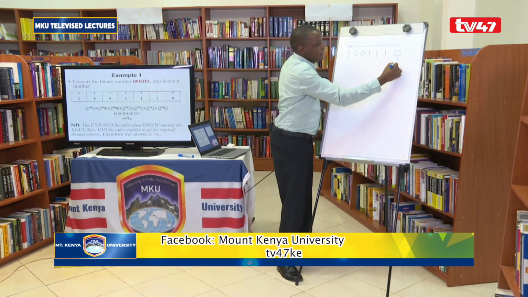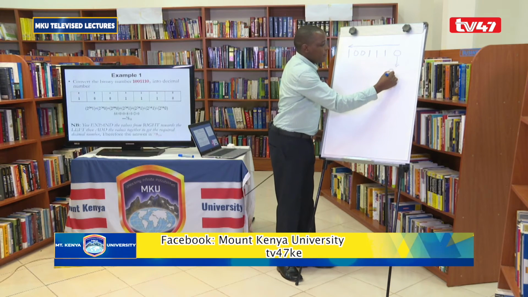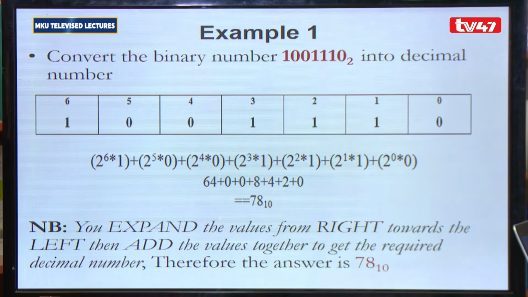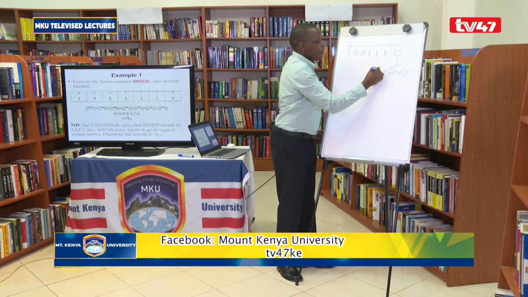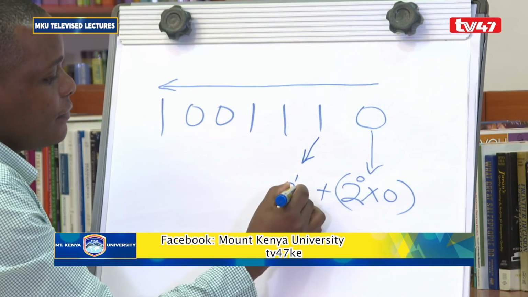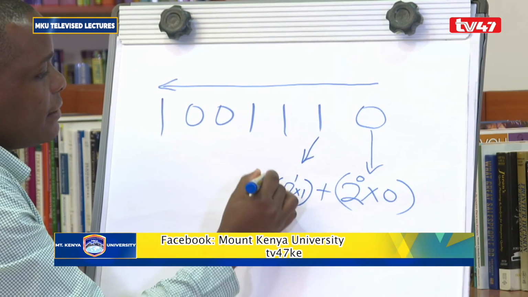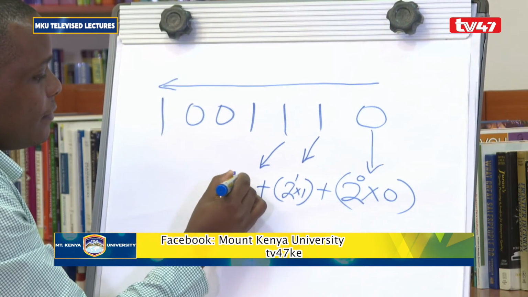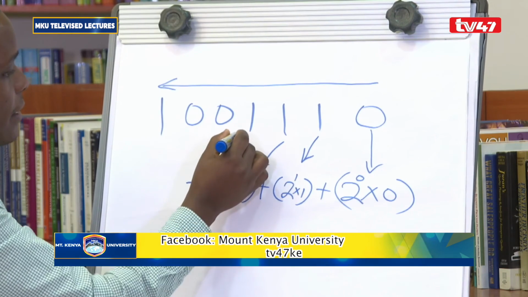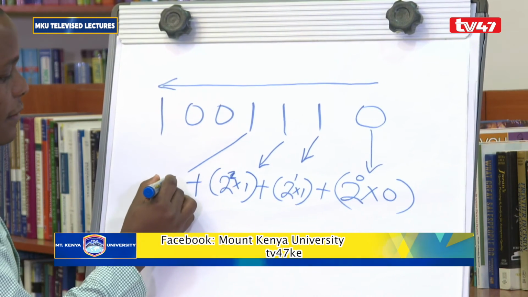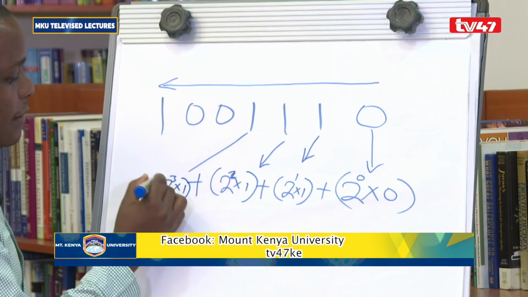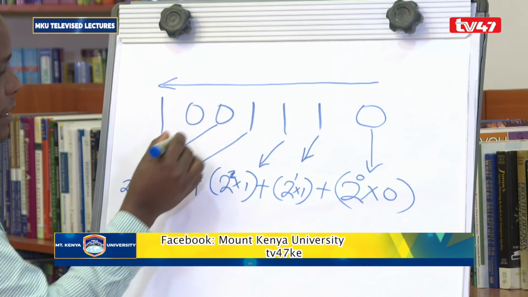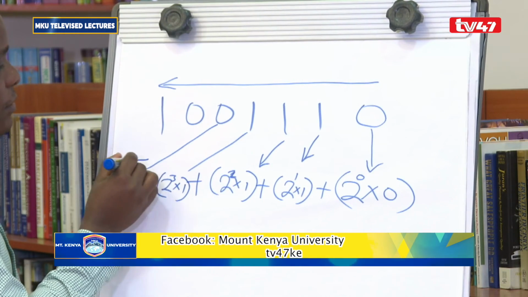So the first digit, you represent using base 2: 2 to power 0 times this 0, plus 2 to power 1 times this 1, plus 2 to power 2 times this 1, plus 2 to power 3 times this 1, plus 2 to power 4 times this 0, and the process continues until the last one.